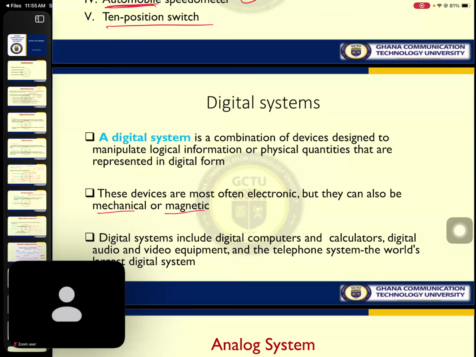When I speak now, my voice in the air is analog. A microphone converts this sound into an electrical signal. If we record it using a phone, the phone converts the analog signal into digital data. When we play it back, it converts the digital back into sound.